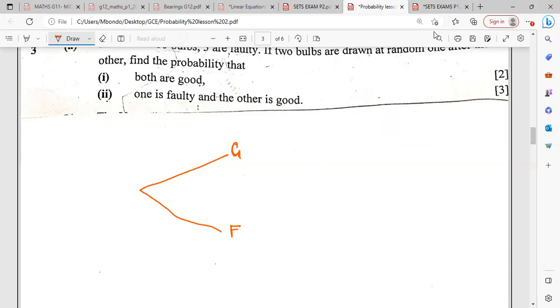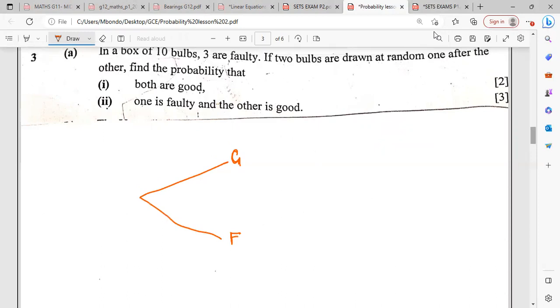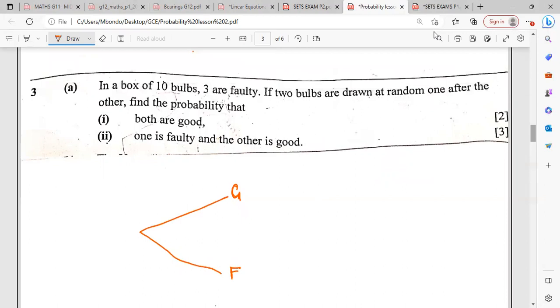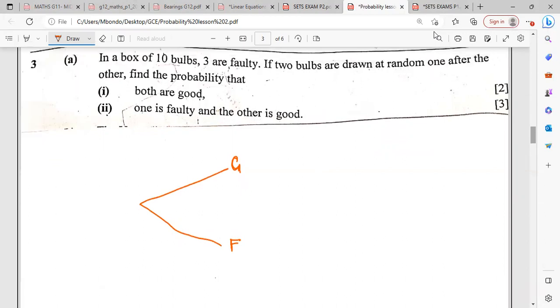Now, we are told that the 3 bulbs are 40. So this is going to be 3 over 10, and the good ones are 7.